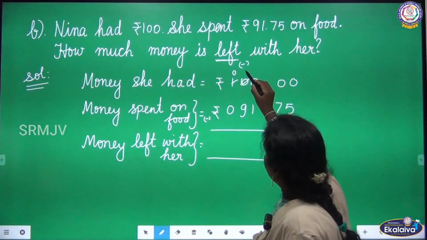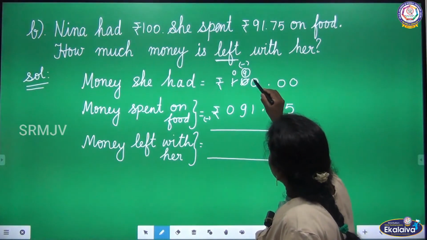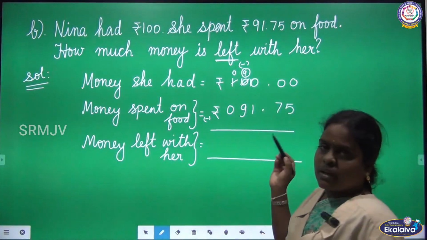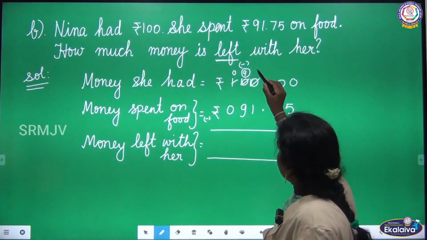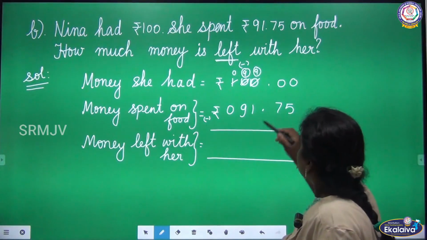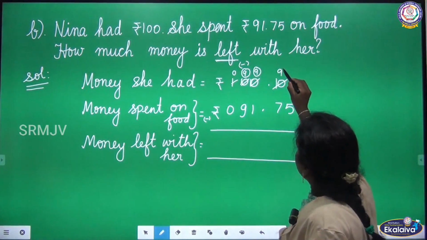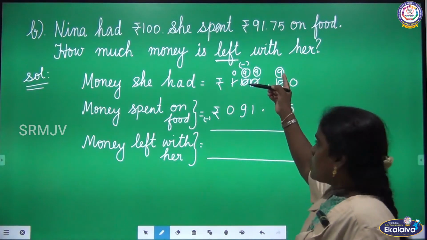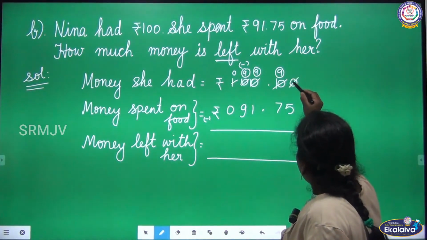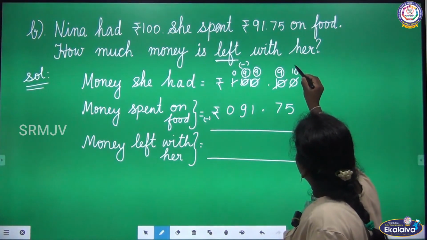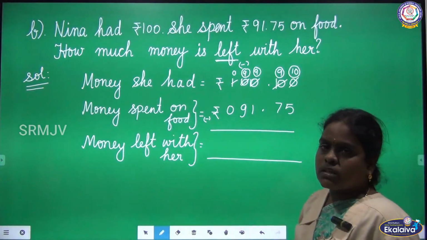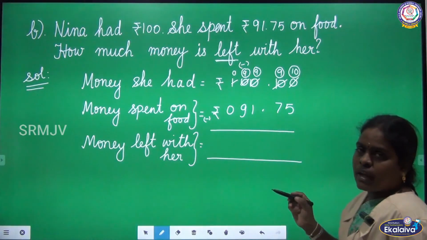And if you borrow 1, it becomes 9. Again the next digit becomes 10 and it becomes 9. Yes, in the same way it becomes 10 and we are going to borrow 1. So it becomes 9 and the last digit becomes 10. There is no more digit, so it becomes 10.